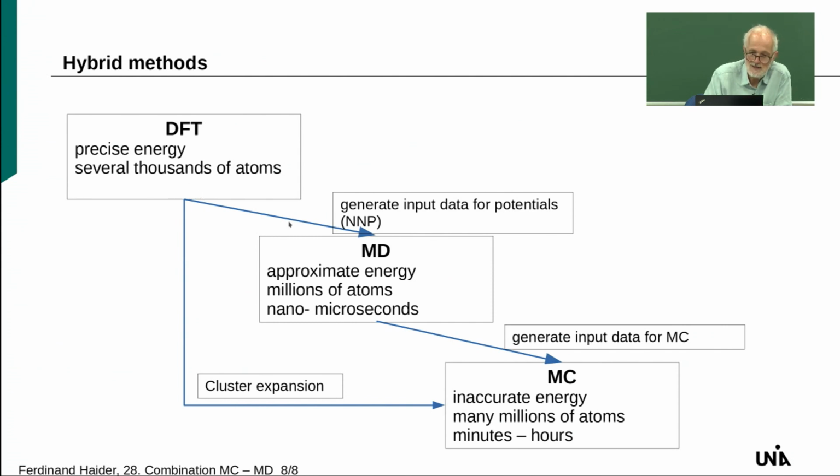I mean, DFT, for example, can generate input data for potentials in MD, but DFT also, as I showed, can generate input data for this cluster expansion for Monte Carlo, where you have this pretty large set of pair, triple, quadruple interactions between atoms to construct a more realistic Monte Carlo model than we would have with just pair exchanges or pair interaction energies.